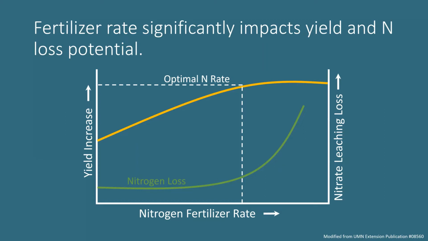That's going to be a factor of the soil, its weather conditions, the previous crop, how much organic matter was in that soil, as well as field management. This makes it rather challenging to predict how much nitrogen the soil will supply in this growing season, and it can then make it difficult to determine the optimal nitrogen rate to apply, so that we optimize our yields but minimize our environmental losses.